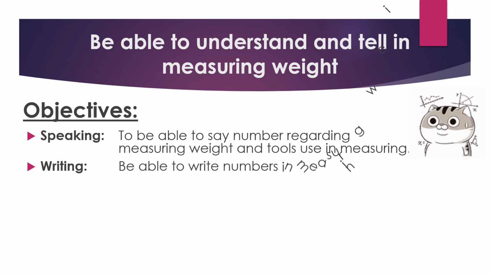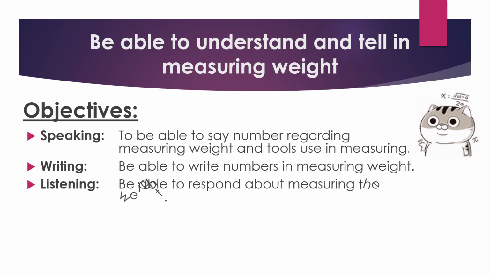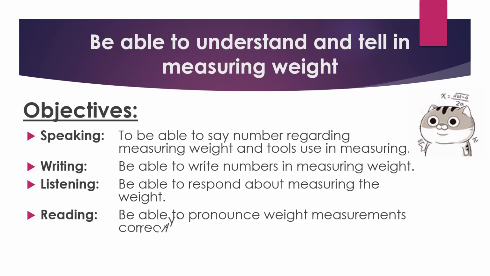Next, writing: be able to write numbers in measuring weight. Next is listening: be able to respond about measuring the weight. Next, reading: be able to pronounce weight measurements correctly.